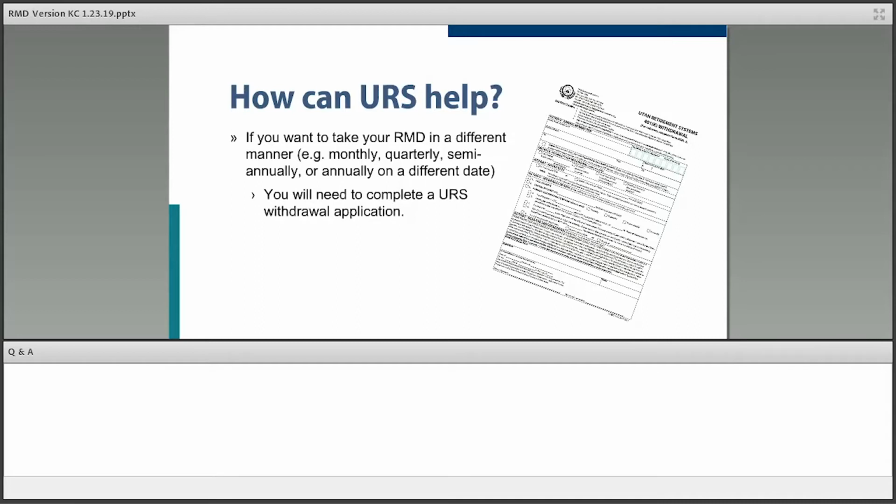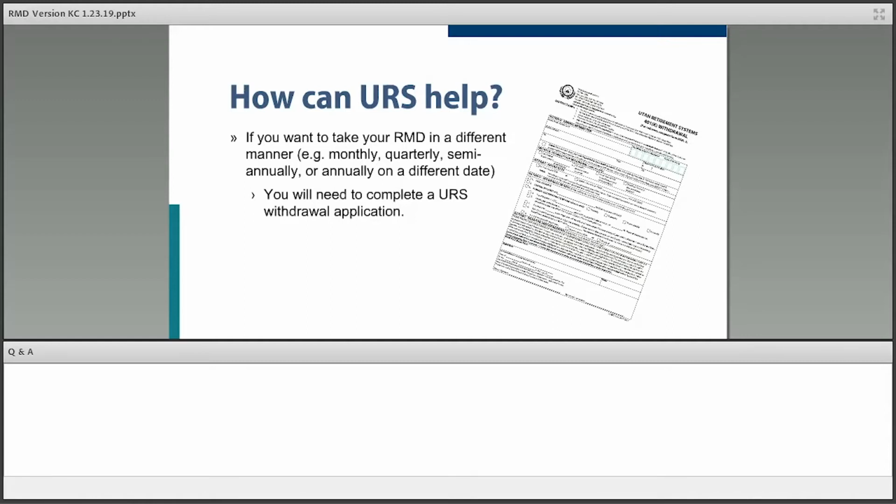That is absolutely possible, and to do that, we would just need you to complete a URS withdrawal application. It's just a simple one-page form, and you see a picture of that off to the right-hand side of the slide. On that form, you can indicate if you would like to take it in a monthly, quarterly, or semi-annual fashion, or if you'd still like to take it in one fell swoop, but at a different time.